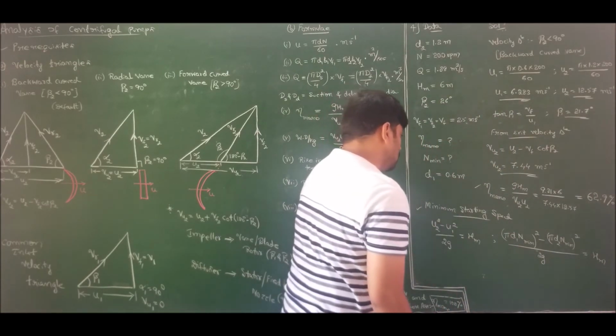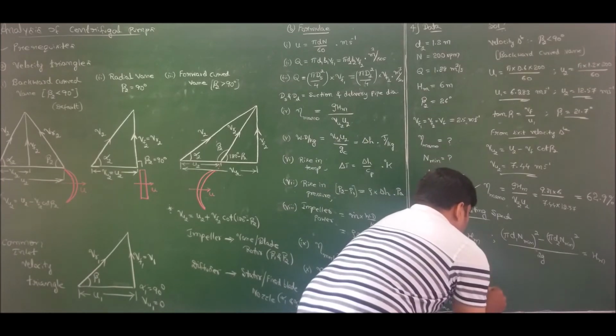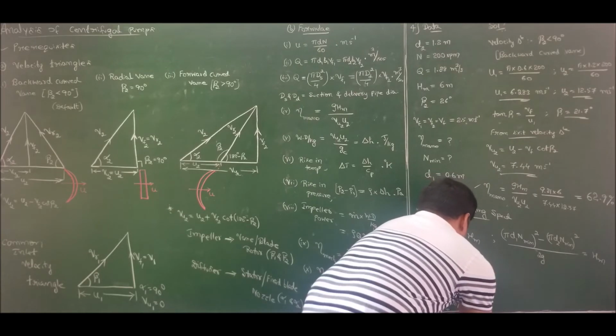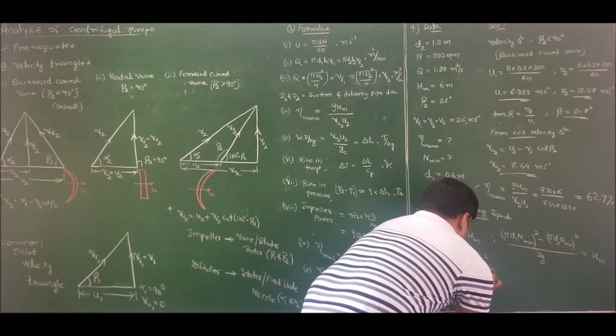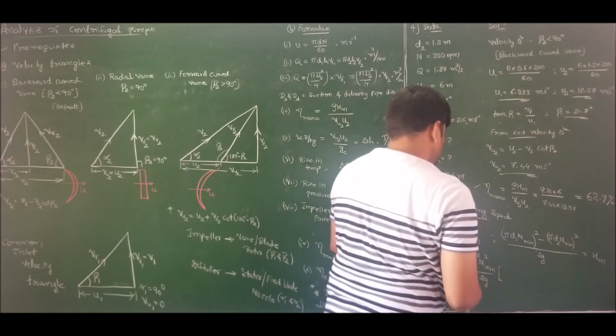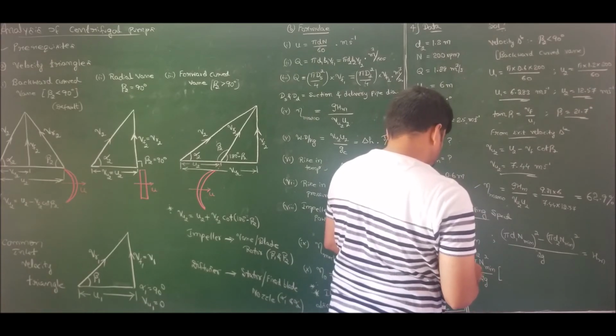If I substitute and solve, I'll take pi square N minimum square by 2g as common, into D2 square minus D1 square.